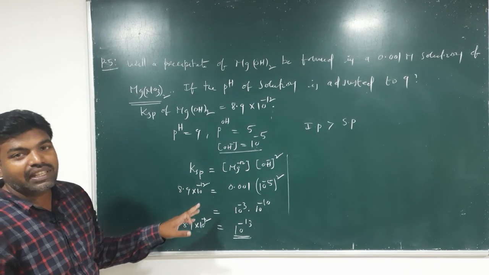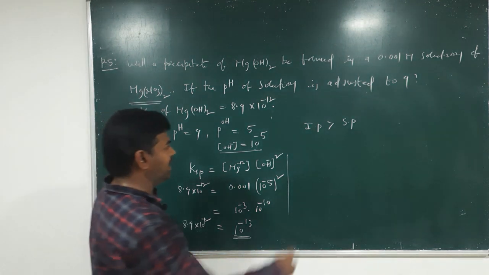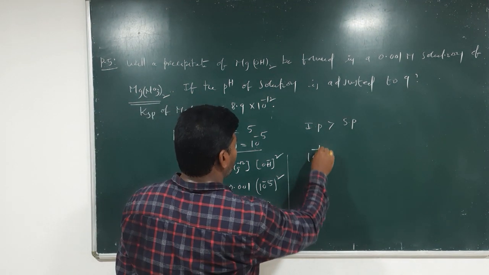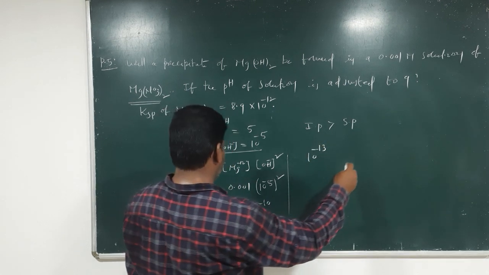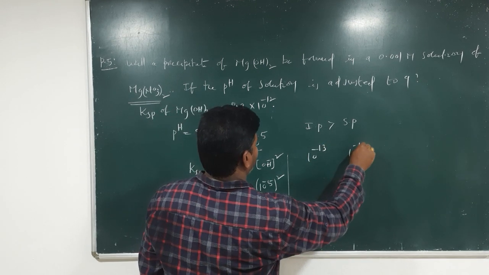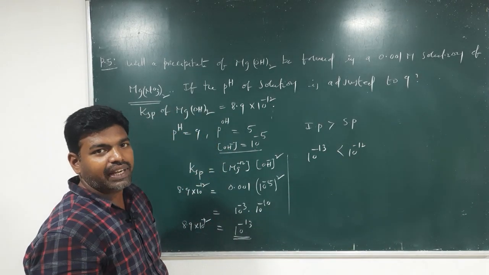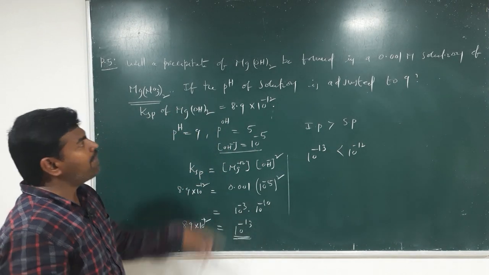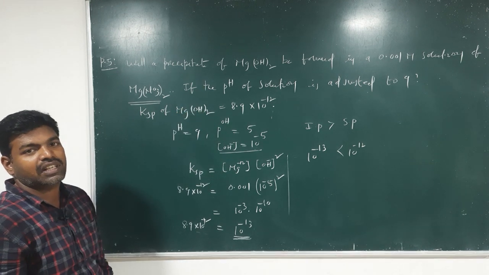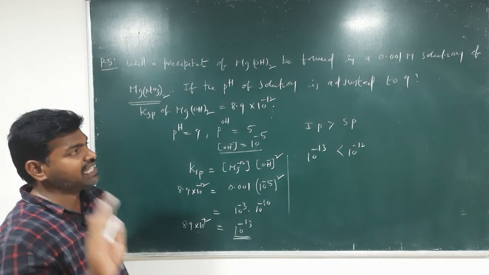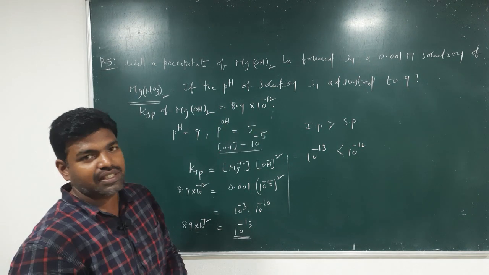So, the solubility product is greater, and MgOH twice precipitation will not take place. So, no precipitation takes place under these conditions.